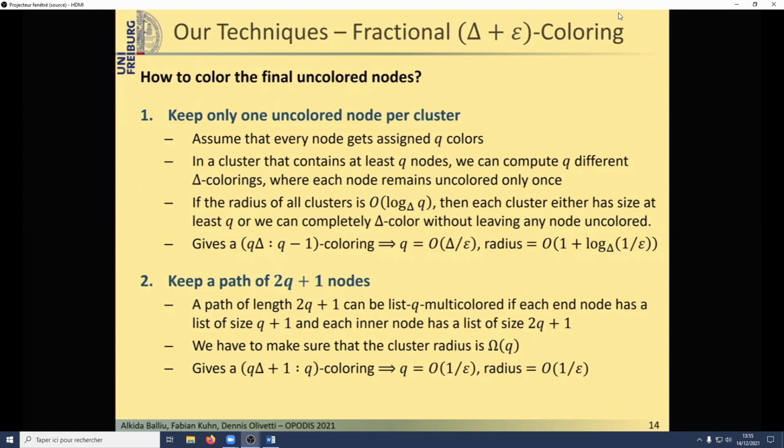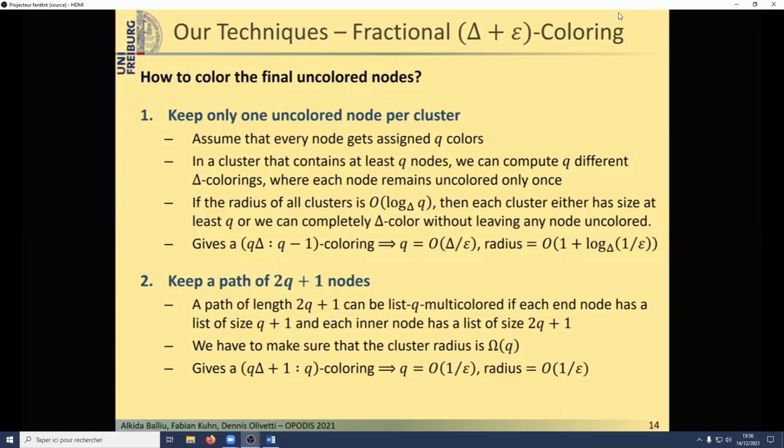And what we can actually show is the following. If the radius of clusters is at least something like log base delta of Q, then we can show that each cluster is either of size at least Q, and we can just do what I described, or the cluster has some modernized form and we can actually color the whole cluster. Basically, the same really happens for delta coloring, and this is happening in existing delta coloring algorithms as well.